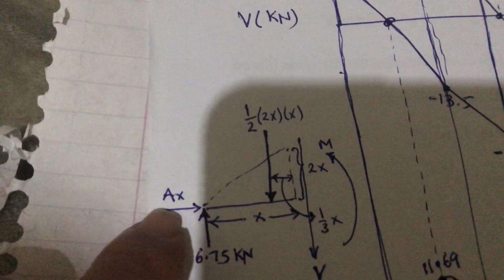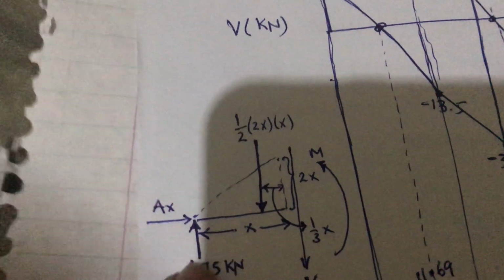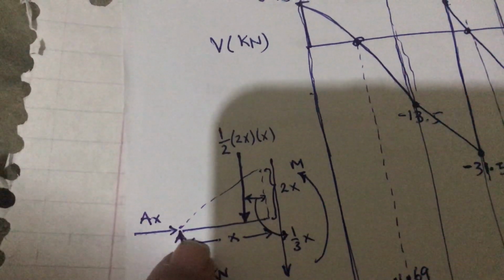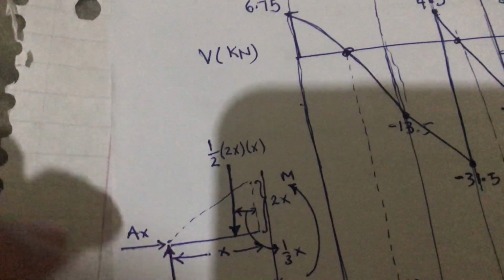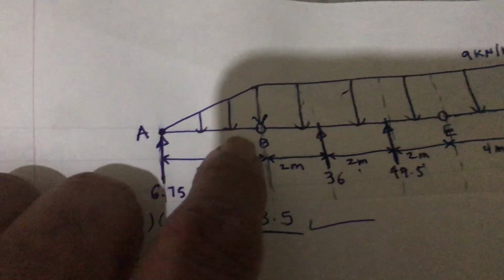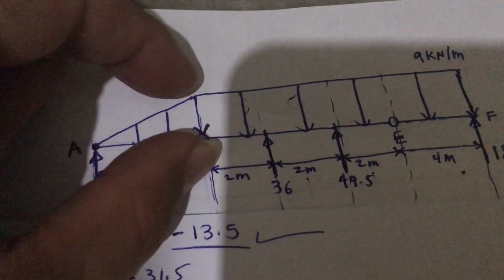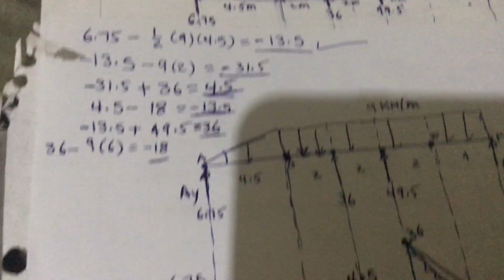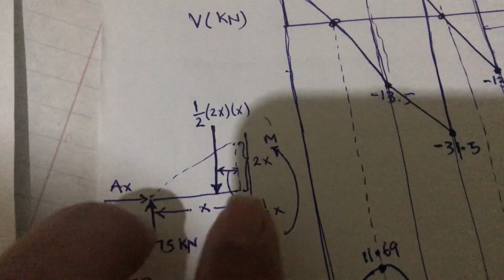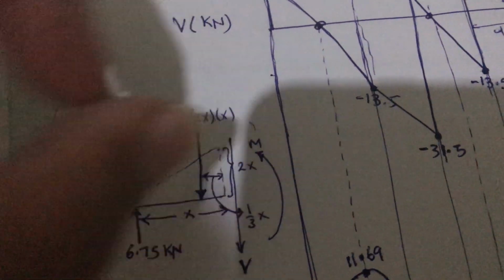So let's take this section, and of course Ax is, don't worry about it, 6.75, and let's assume this one is x. The equivalent force, if you remember, this one was 4.5 and this one was 9. So 9 is double 4.5, okay? Which means that I'm going to make this one 2x.